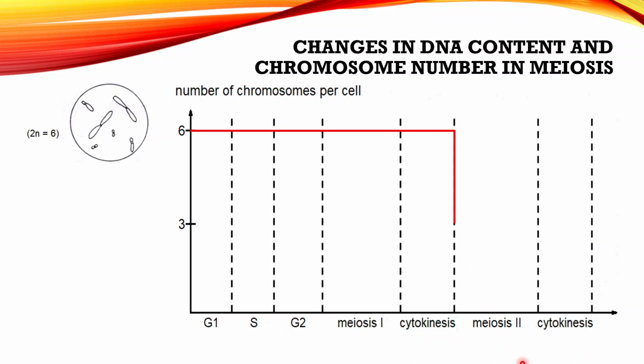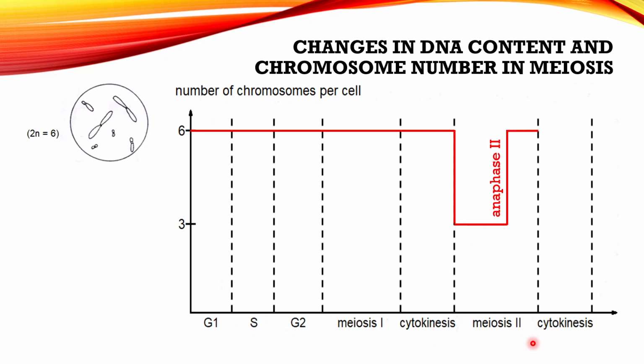Okay, then in meiosis 2, it will stay at 3 all the way till anaphase 2, when the sister chromatids separate. Each sister chromatid is counted as 1 chromosome, so the number of chromosomes double at the end of anaphase 2.